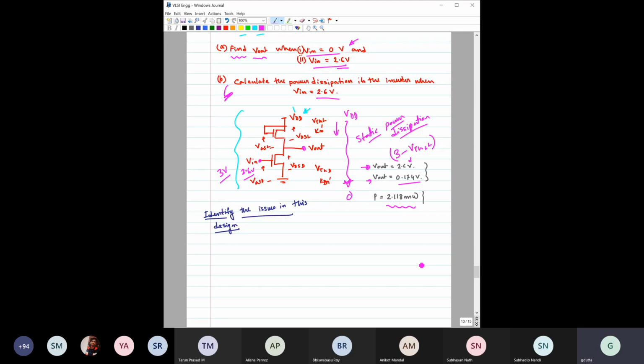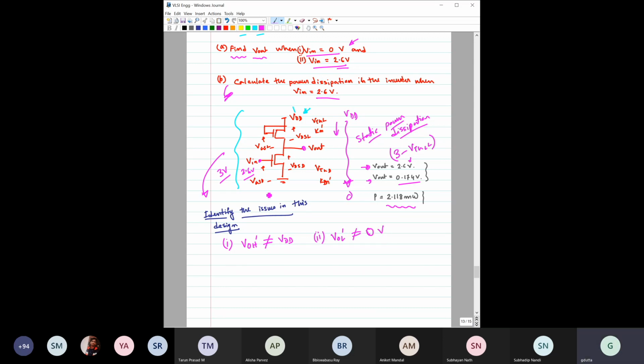Then quickly, you also need to identify the issues with this type of design. The first one is VOH dash is not equal to VDD. The second is VOL dash is not equal to 0 volt.